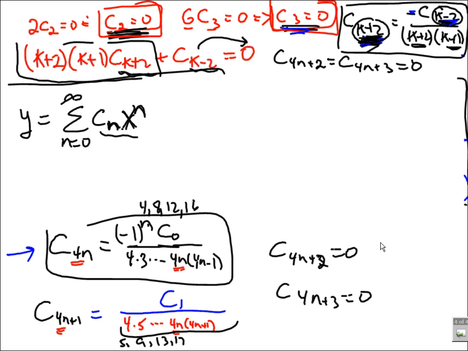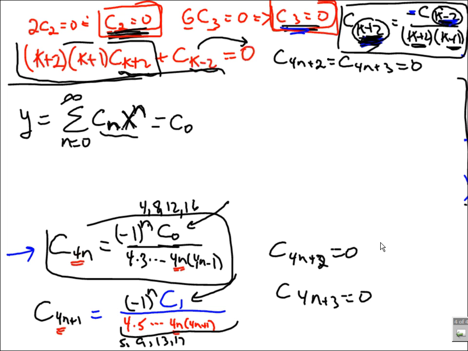And we did forget one thing. The sign oscillated here, and it's also negative 1 to the n. So we get C sub 0. Now notice C sub 0 and C sub 1, they can be anything we want.